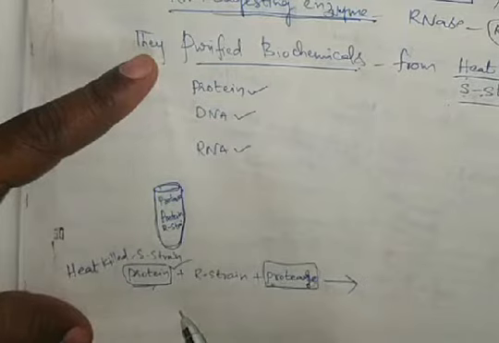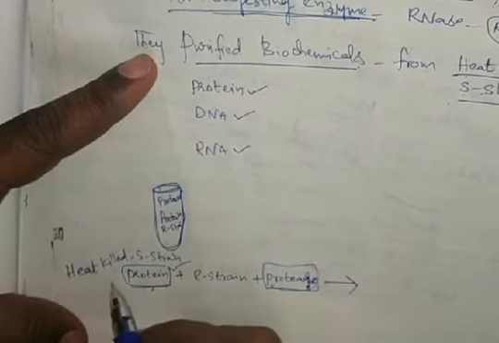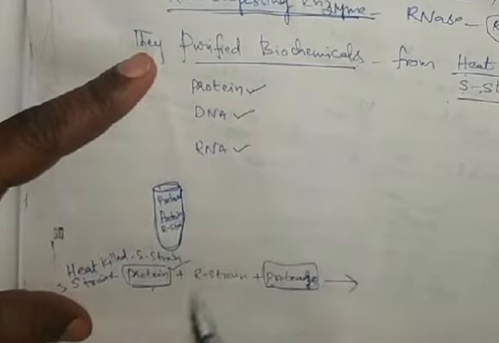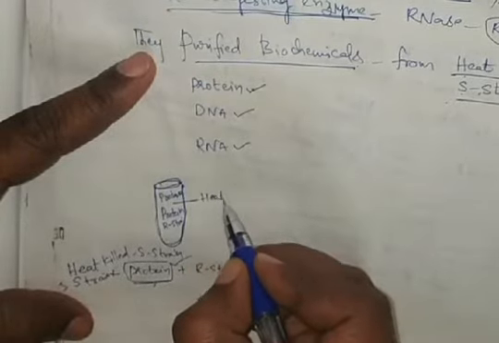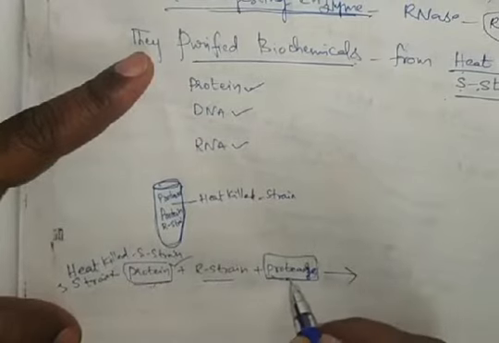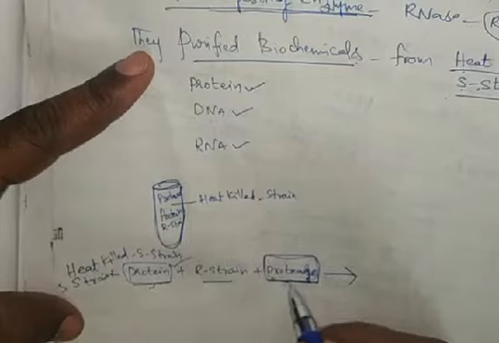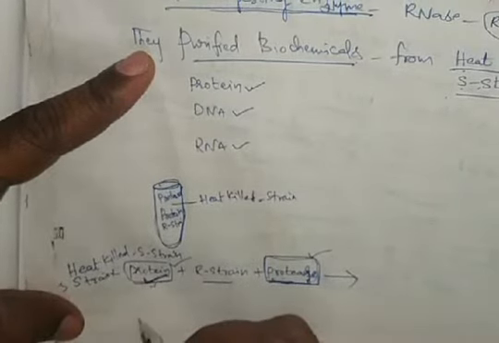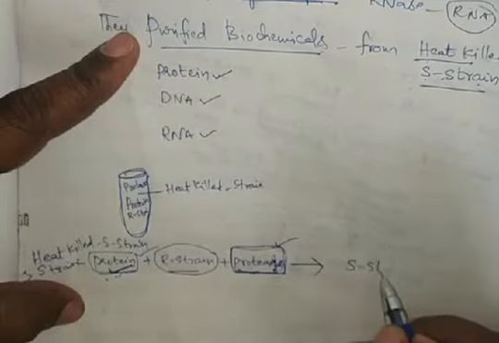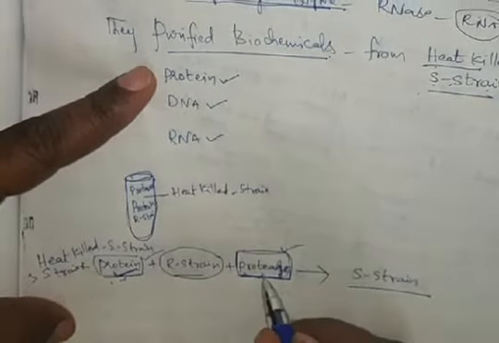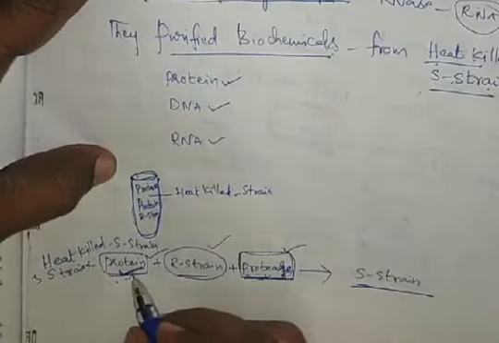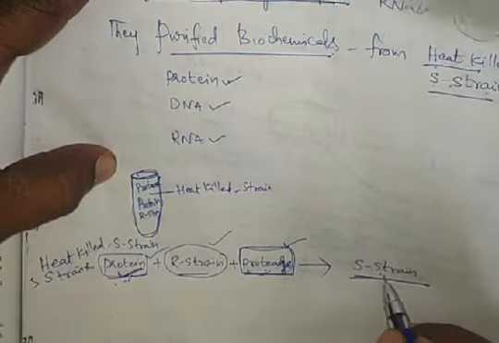Even though the protein is digested, the R strain is still transformed into S strain. This means protein is not responsible for the conversion of R strain into S strain. Even in the absence of protein, the R strain is converted into S strain. That was proved by this step.